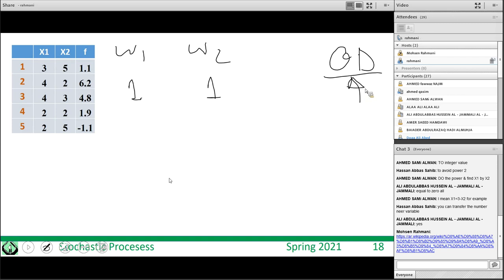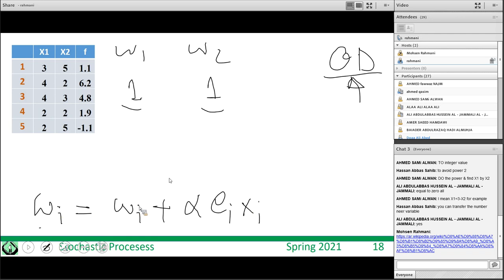Gradient descent says to modify the weight by using this formula: W_i is W_i plus alpha E X. What does it mean? This i is 1 or 2 in our problem.